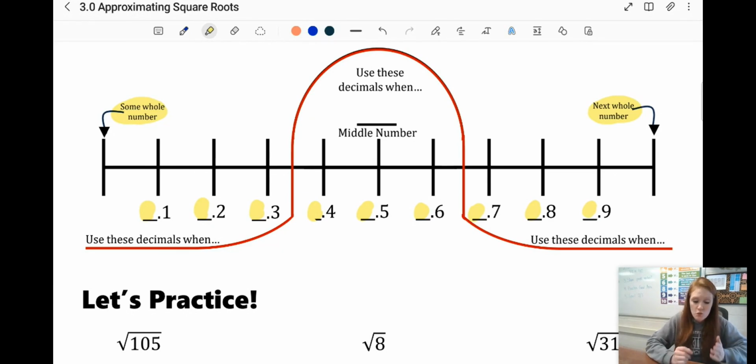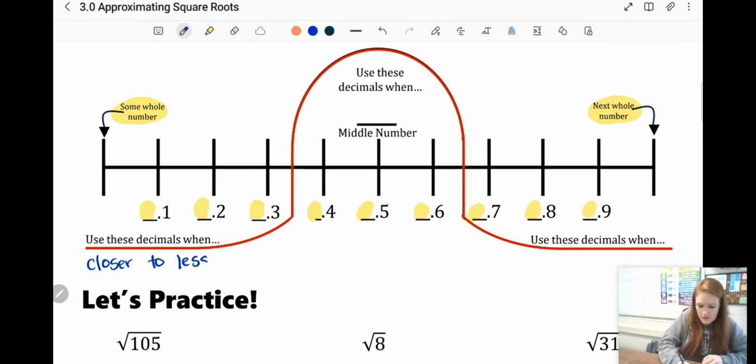Okay? So when our square root is closer to this number, we're going to use 0.1, 0.2, or 0.3. So we'll use this decimal when closer to the lesser square root. Okay, when we're closer to that lesser square root, we're going to pick that 0.1, that 0.2, or that 0.3.